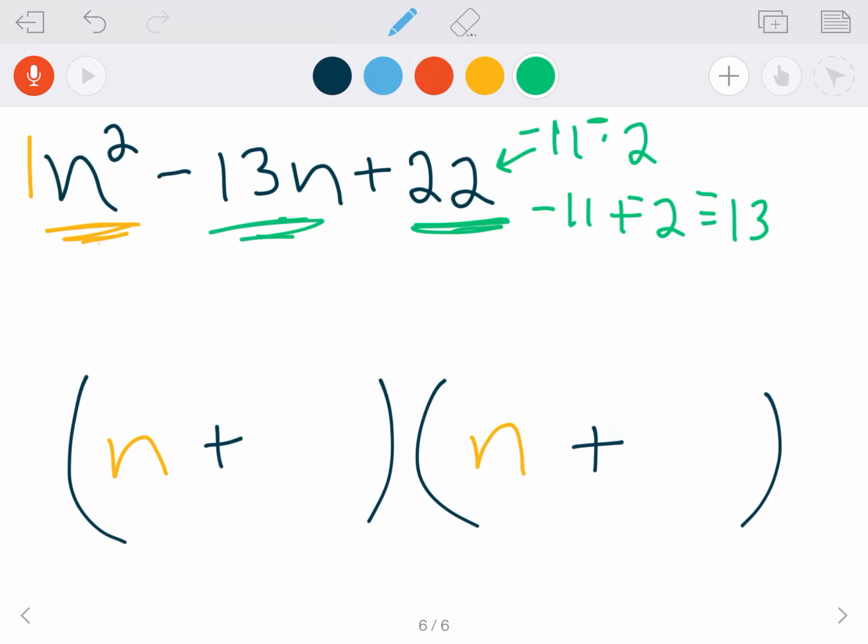So that means that the two numbers that we should choose for these spaces right here are negative 11 and negative 2. Okay, now let's use the FOIL method to check if this factoring makes sense and is correct. So let's go to the next page for that.